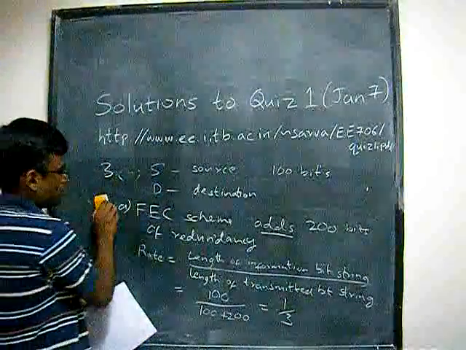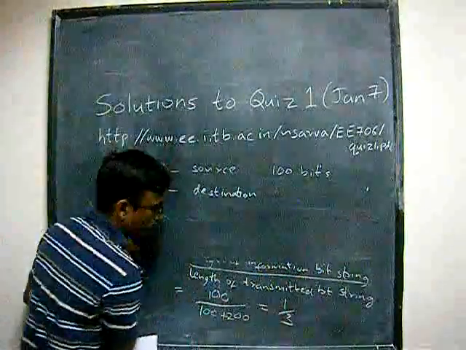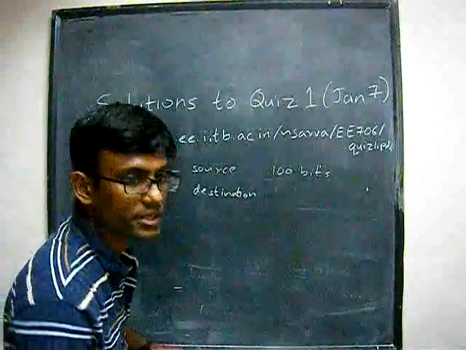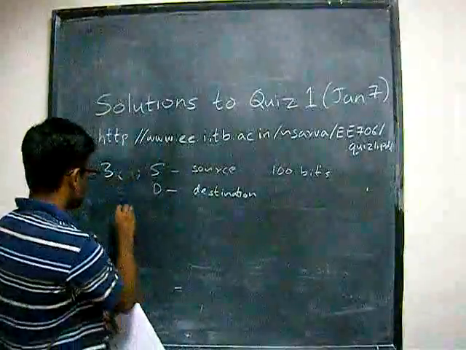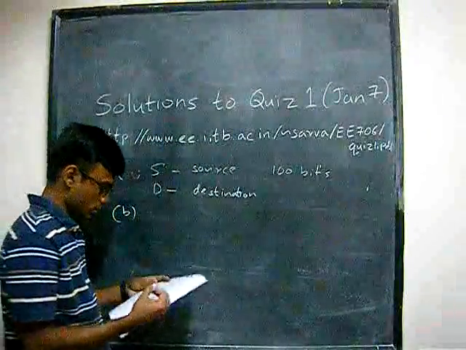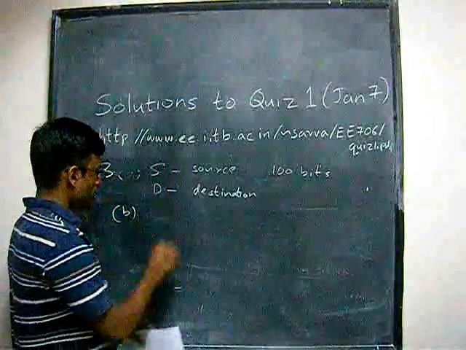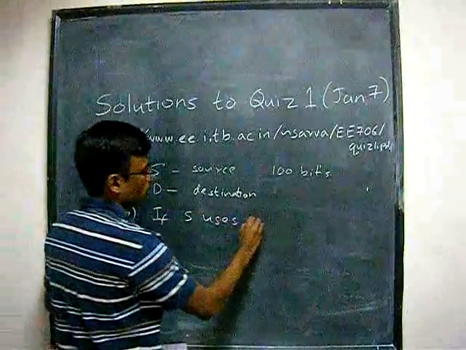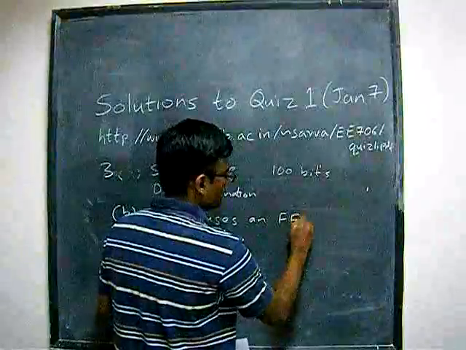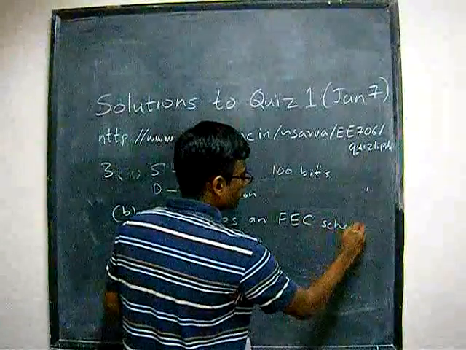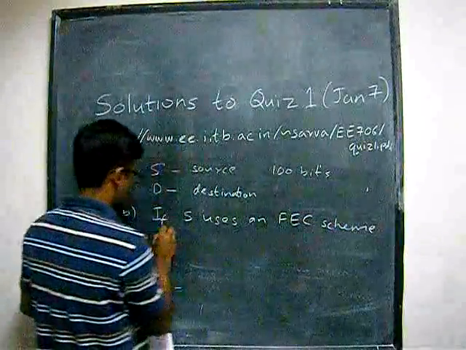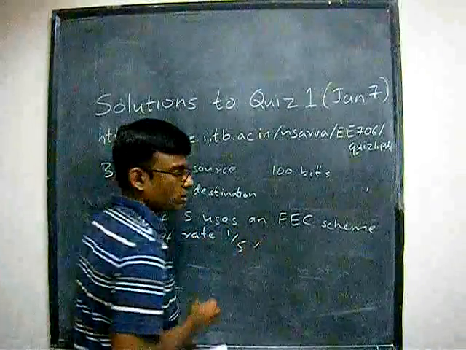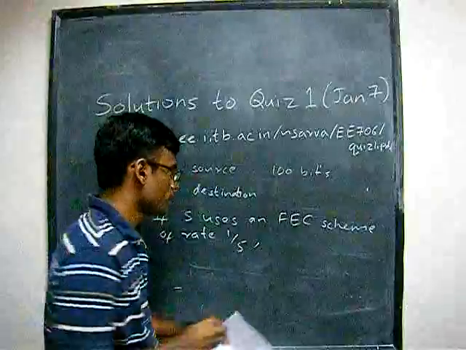The next question was: if S uses an FEC scheme of rate 1/5, what is the amount of redundancy?